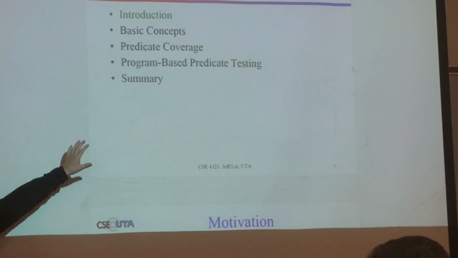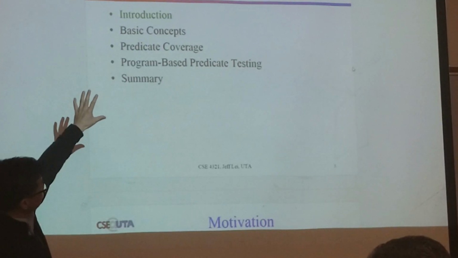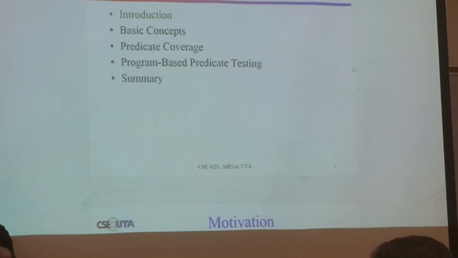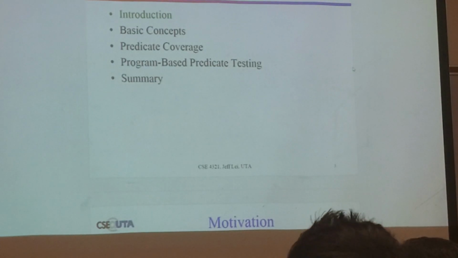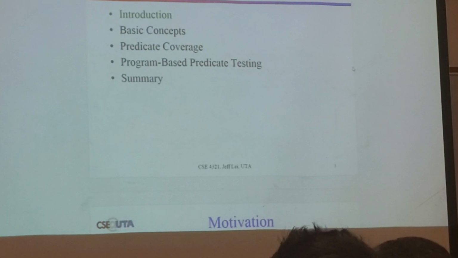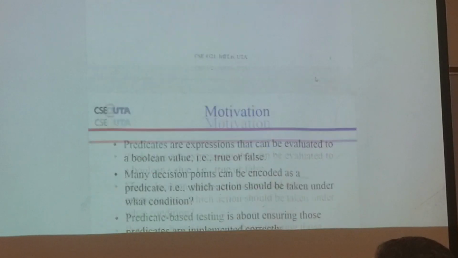So we have an introduction, basic concepts, and we define different predicate coverage criteria, and we're going to see how we actually apply predicate testing to programs. Predicate testing can be applied to specifications as well, but we're going to focus on how you can apply predicate testing in programs before we summarize.